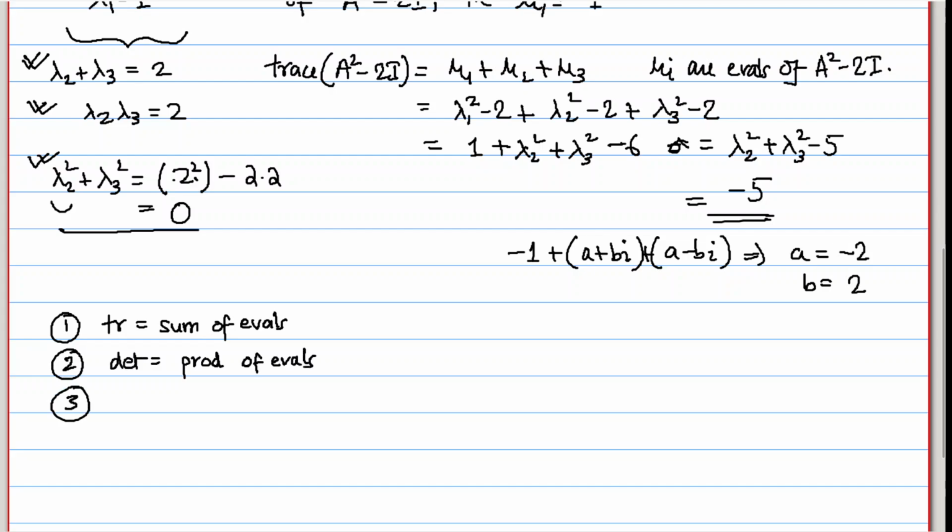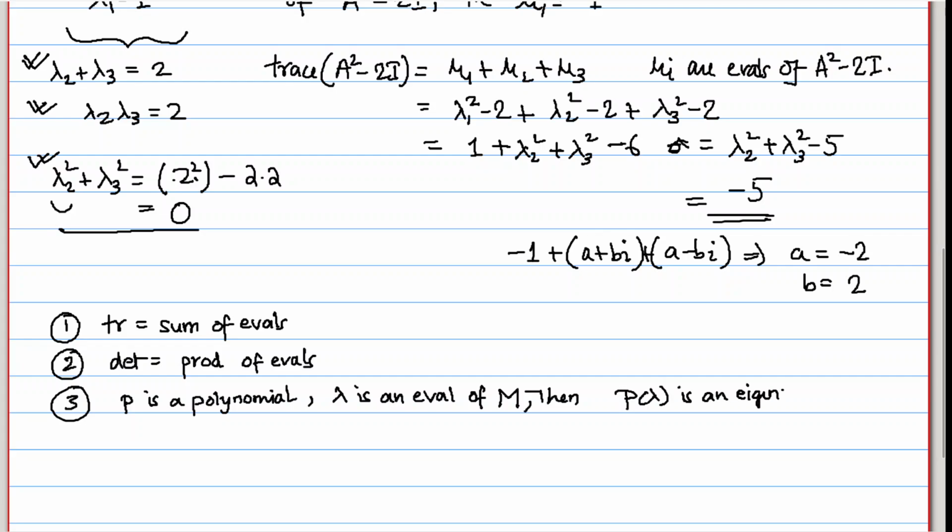Another property: if p is a polynomial and if lambda is an eigenvalue of M, then p(lambda) is an eigenvalue of p(M). This is the third result I've used.